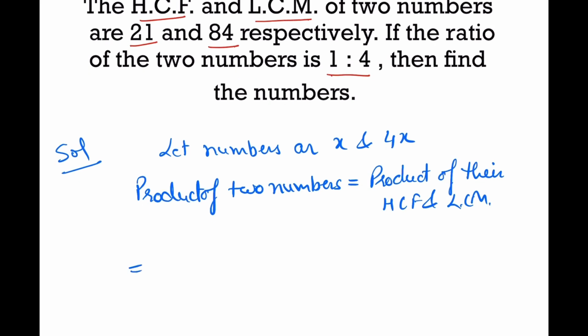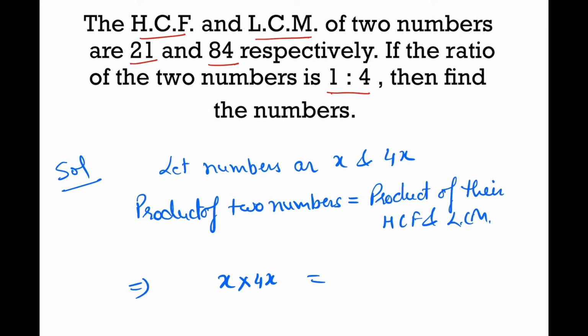So here we can write the product of two numbers. Numbers are x and 4x. So x into 4x is equal to HCF, which is 21, into LCM, 84.